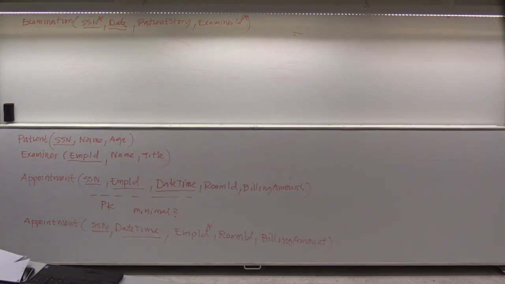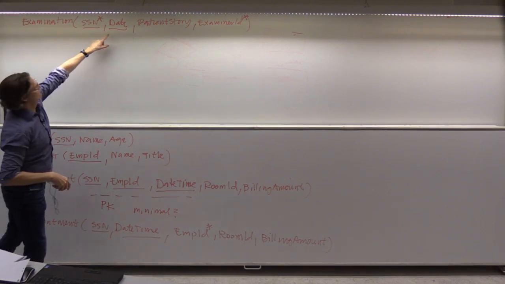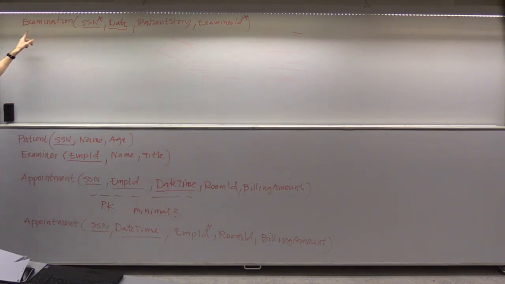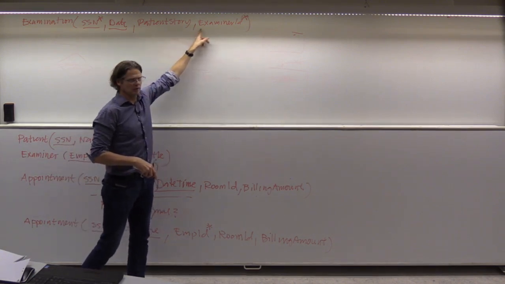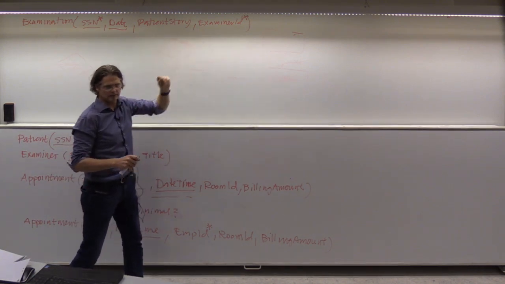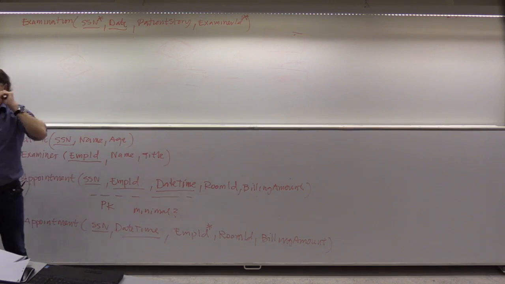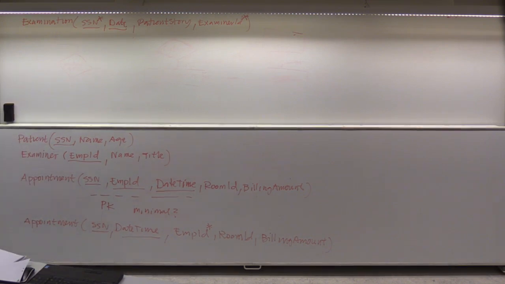So I have my security number and my date, and that's the primary key for the examination. I have my story, and I also know who my examiner is. So that's the one-to-many relationship here.